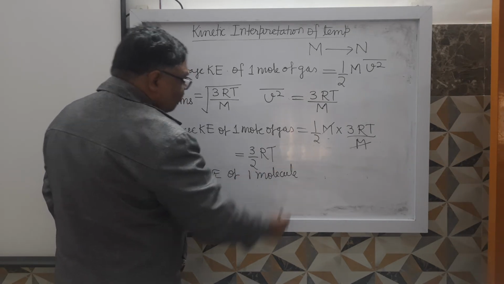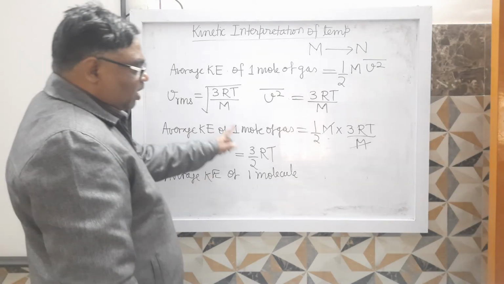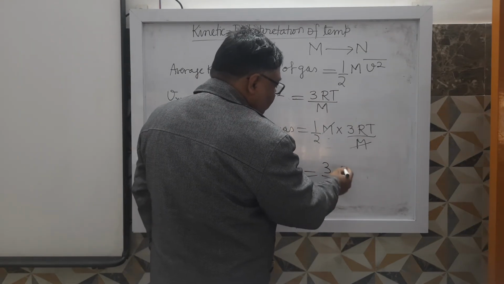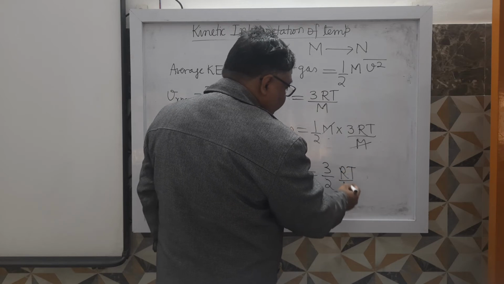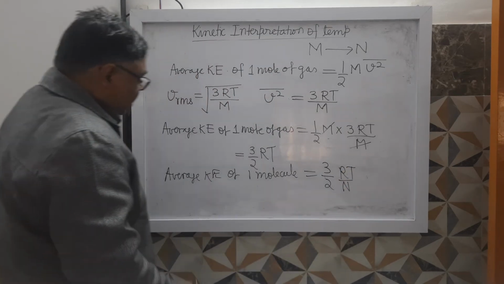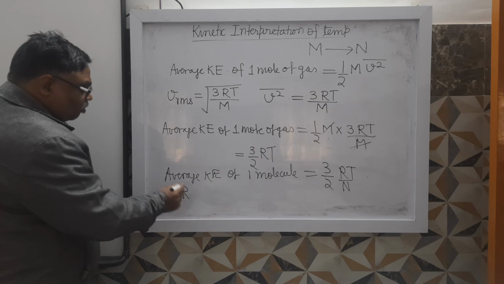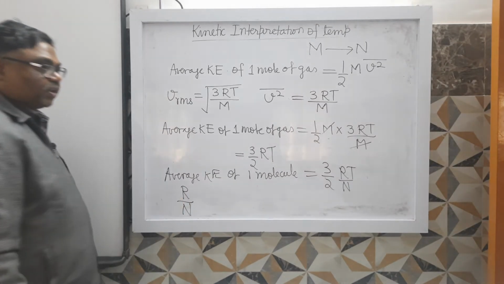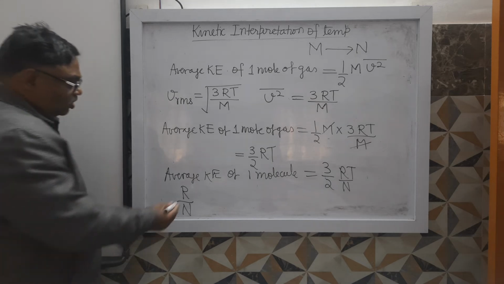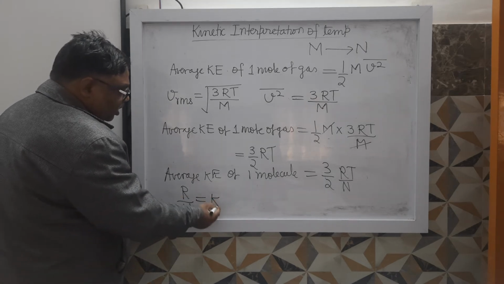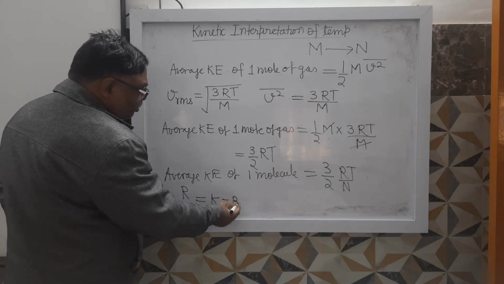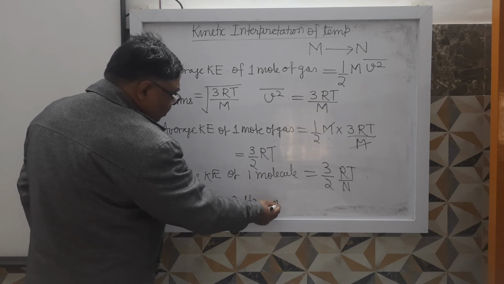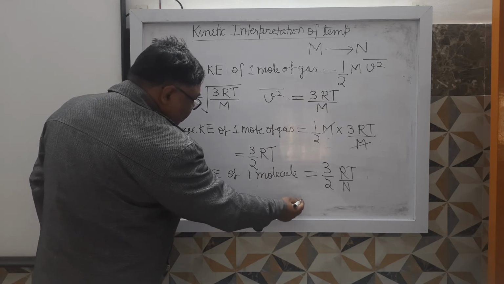For N molecules it is this much, so for 1 it will be 3 upon 2 RT upon capital N. Here capital R is the universal gas constant. N, Avogadro number, that is also constant. So this is a new constant which we call the Boltzmann constant. It's clear.